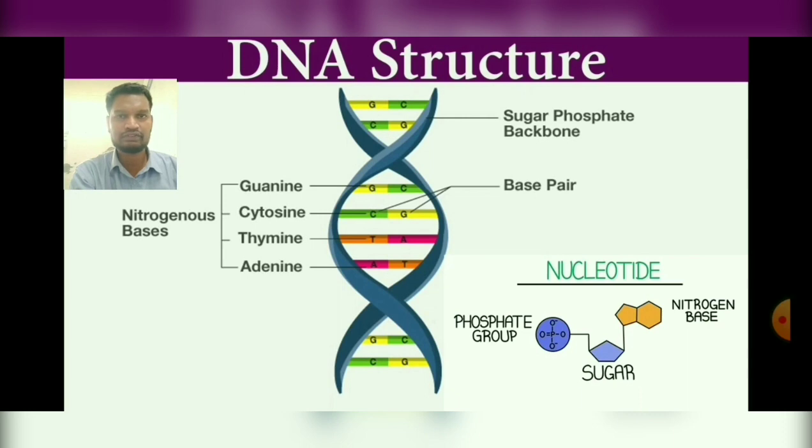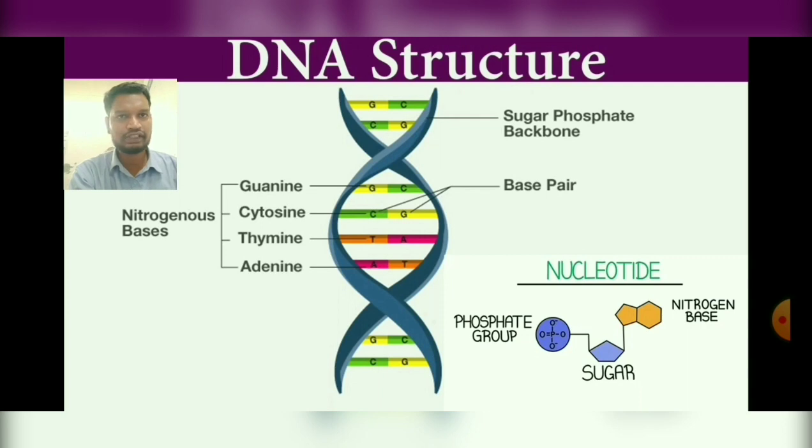The two chains are formed by the sugar deoxyribose and phosphate group. These two substances form the backbone of the DNA molecule and both chains of DNA are interconnected with each other by some nitrogenous bases.